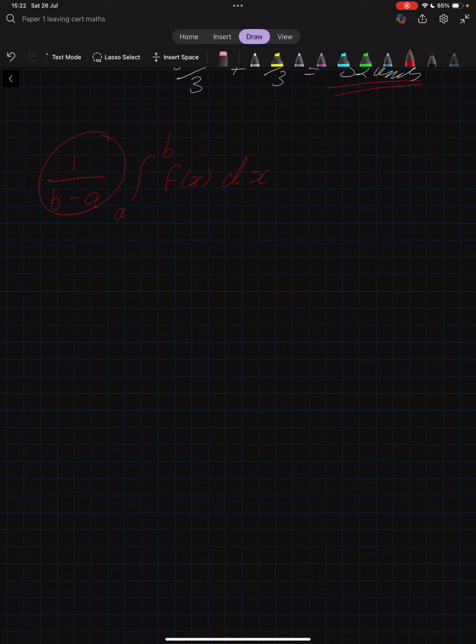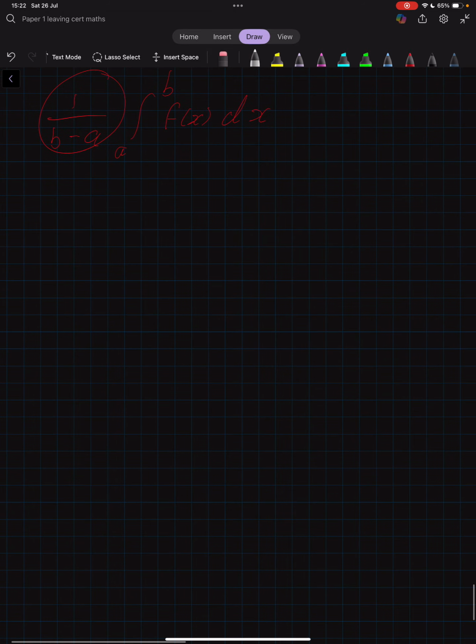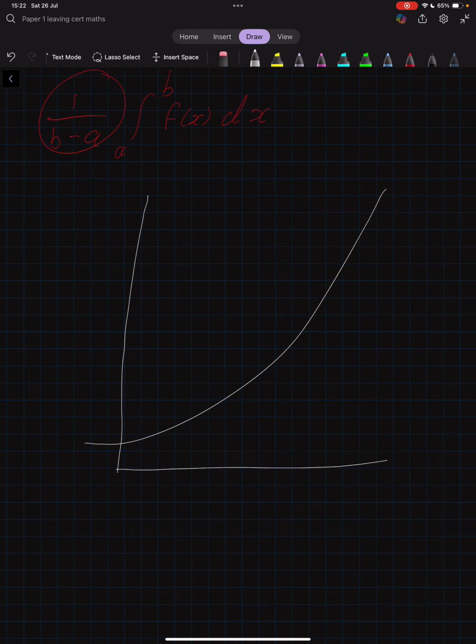That is the only thing you have to worry about. So it might ask you, okay, here's this function, it looks like this. It's 2x squared plus x plus 1. What is the average value from x equals 1 to x equals 4?